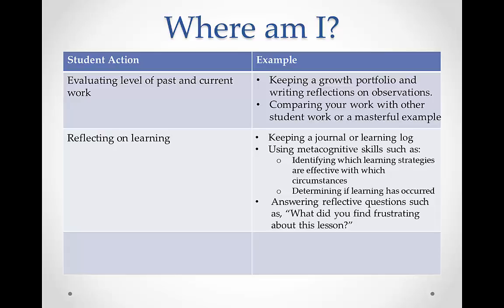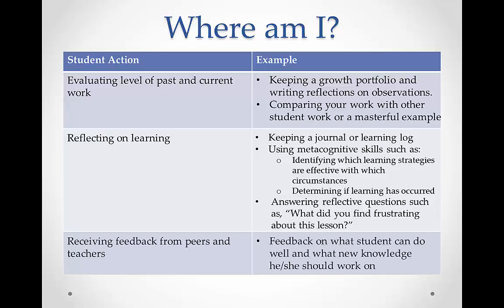As discussed in episode 5, answering these questions can also help students develop more sophisticated epistemic beliefs about what knowledge actually is. Journals are also a great place to reflect on how a student feels about particular learning experiences by answering questions like, what did you find frustrating about this lesson? Our last example of helping students answer the question, where am I, is receiving feedback from peers and teachers.